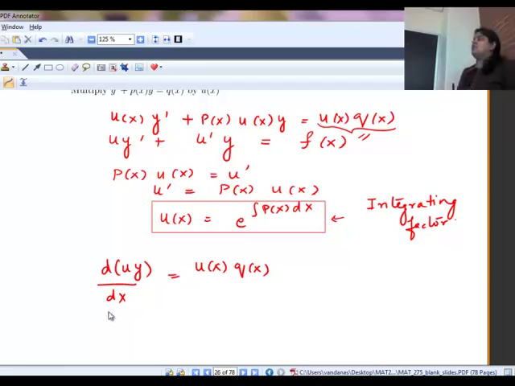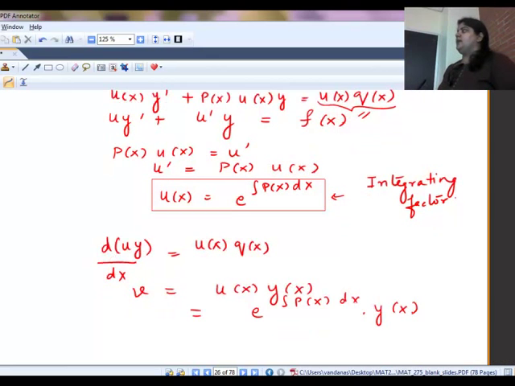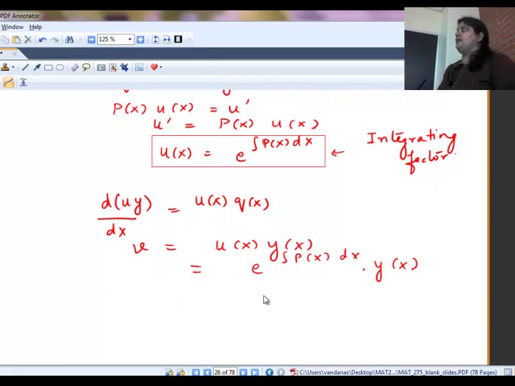Now this is a separable differential equation, and v is u, e to the power integral p(x) dx, times y(x). Once you have that, this is separable, and you use the separable technique, separating it and integrating it, and you solve for v. Once you have v, you have u, you divide by it and you get y. That's it.